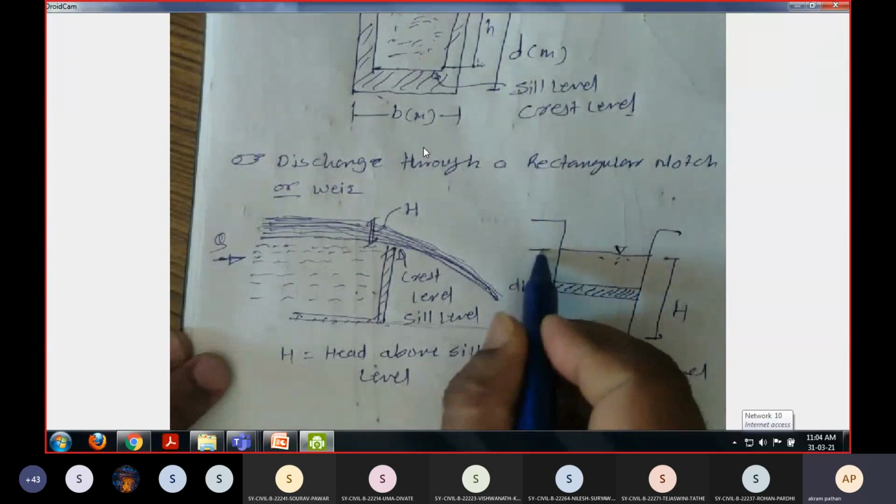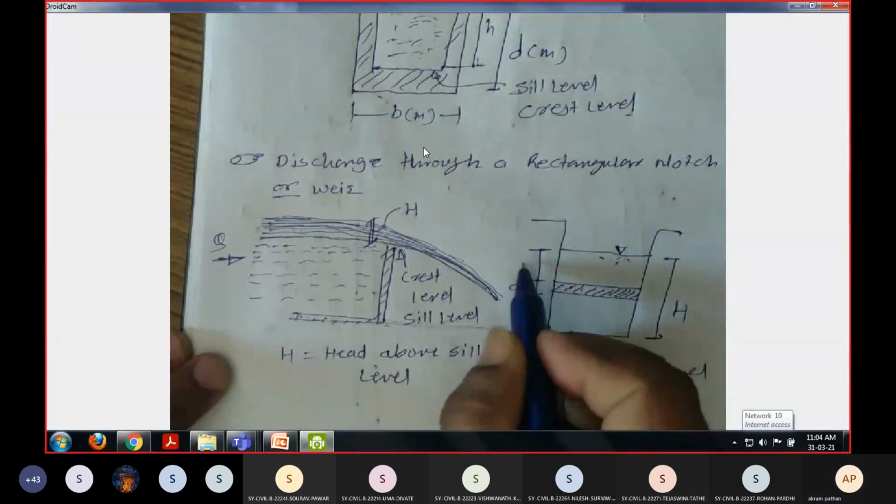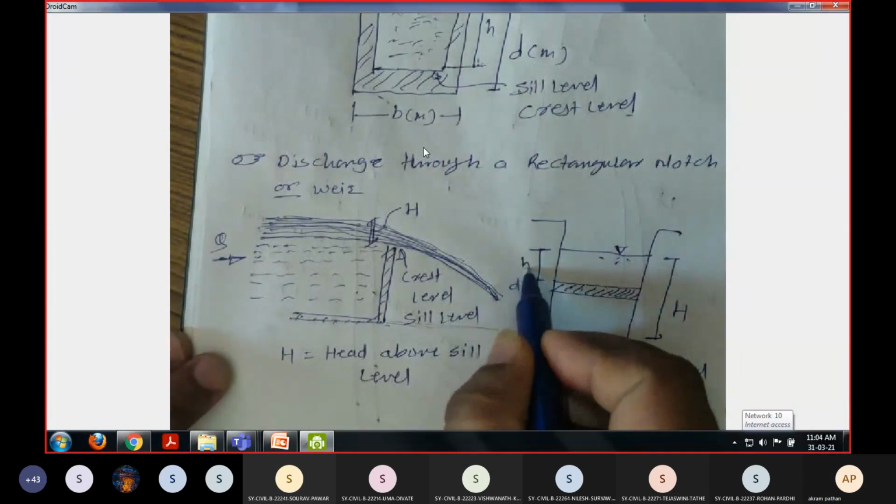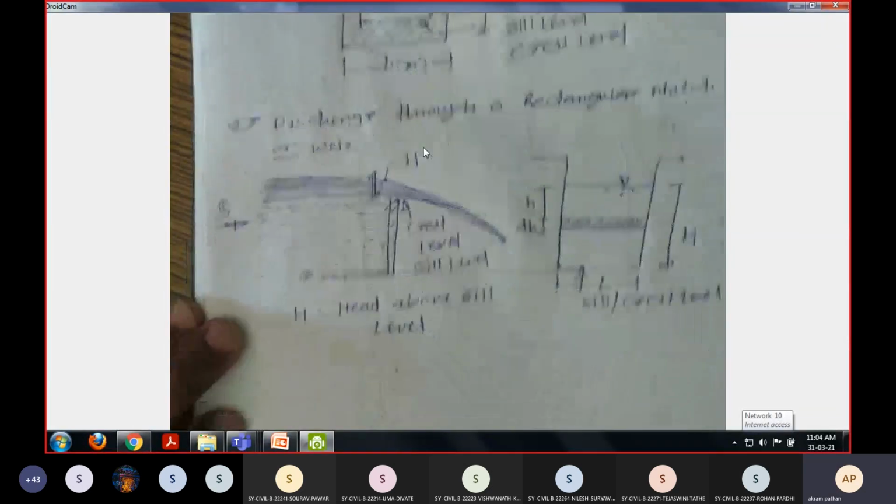आणि ही फ्री वॉटर सरफेस पासून आहे at a distance h, okay.